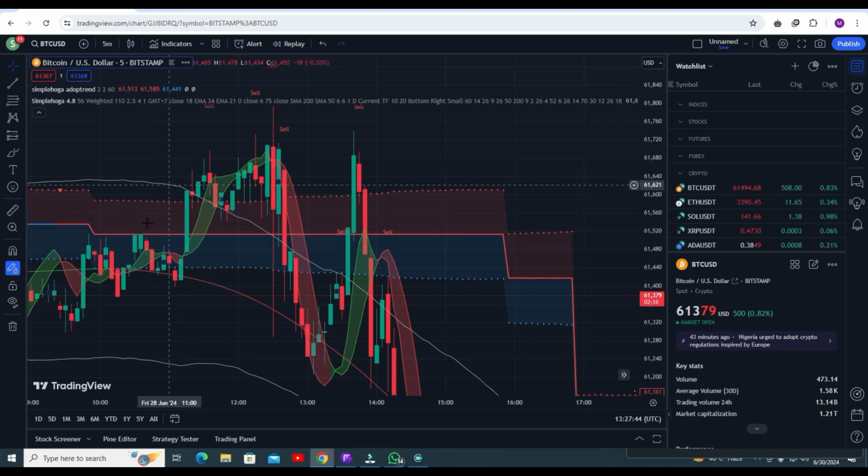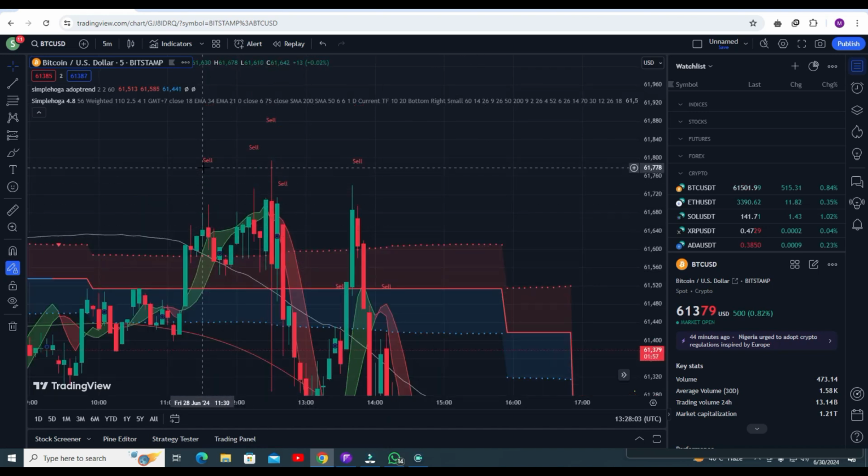The winning ratio of my strategy is more than 95%, and I will show you my accuracy. First I am telling you that you need to go for the sell trade if the trend line is red. This trend line is red, so you need to go for the sell trade. You are getting sell signal after sell signal.